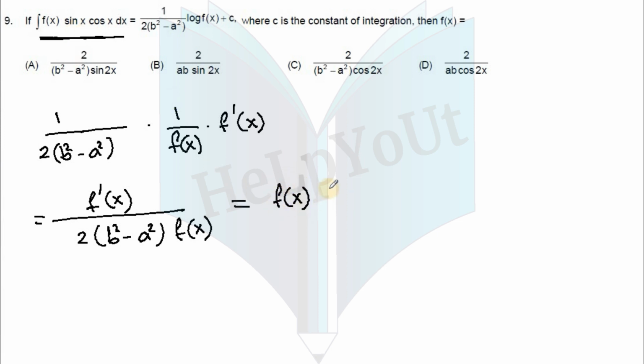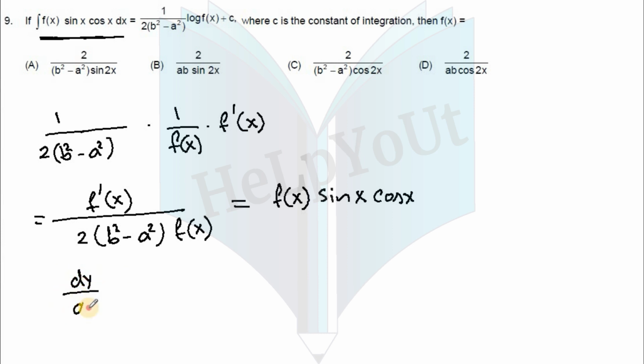Writing it equals to f x sin x times cos x. Now see, if we cross multiply here, and I am going to write f x equals y in the next step, and f dash x is dy by dx.